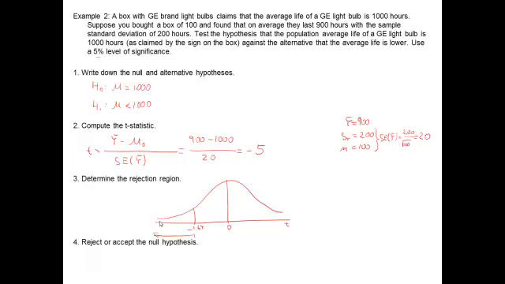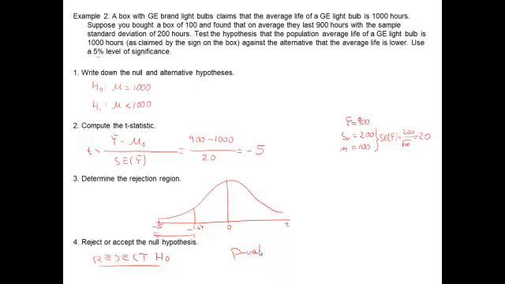Of course, in this case, -5 falls well into the rejection region, and we reject H0 big time.